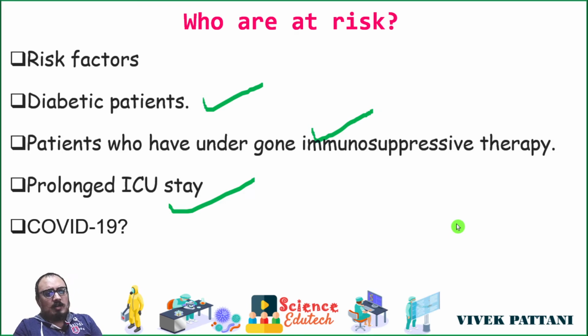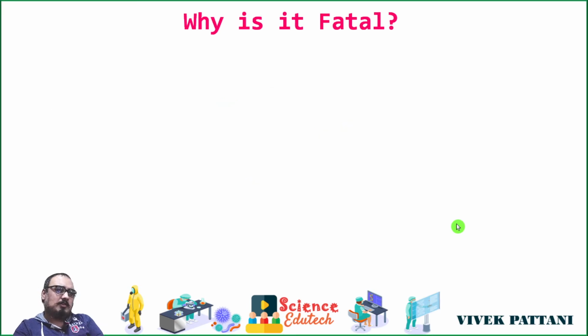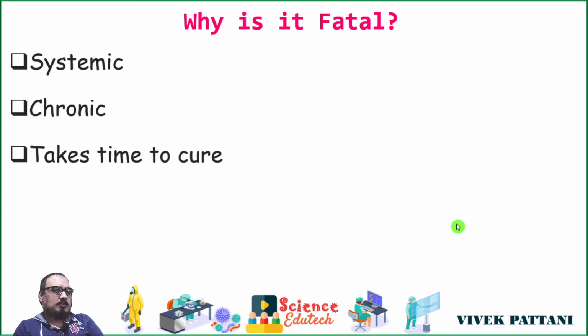Sometimes it may also be due to nosocomial infections. So what are nosocomial infections? They are infections related to the hospital, which transfer from one patient to another in hospitals. So why is it fatal? First reason, it is a systemic infection.